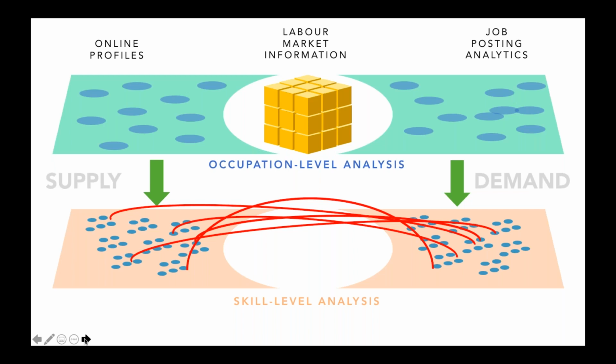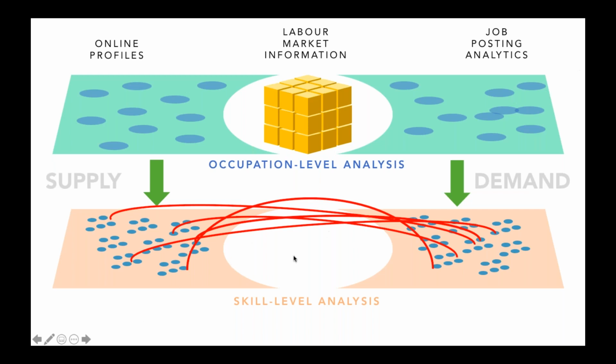So if it's a programmer, is it Java or Python that they're looking for? And by looking at the relationships between those skills, we can really get a handle from the bottom up on what's driving labour market demand and what the skills are that really make the difference. And so that's where our data is and where it's going, looking not just at occupation level, but eventually getting into the detail of real skills as well. So that's our approach to data.